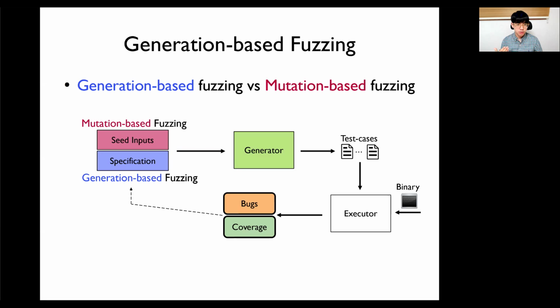This fuzzer will execute the binary of the target program with this generated test case and measure the code coverage or check the bug finding, and go back to the generators and repeat the process of generating test cases based on their criteria and executing the binary with these generated test cases until the testing budget expires. That is, the key difference lies in the specification as the input and the test case generation method from the given specifications.